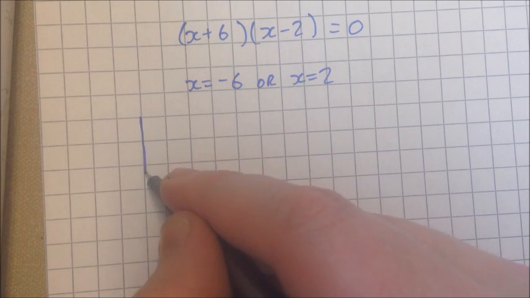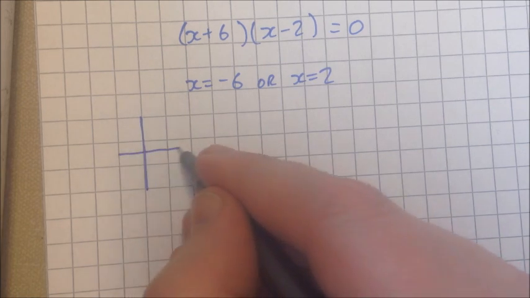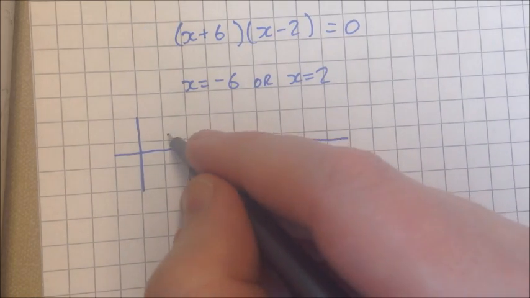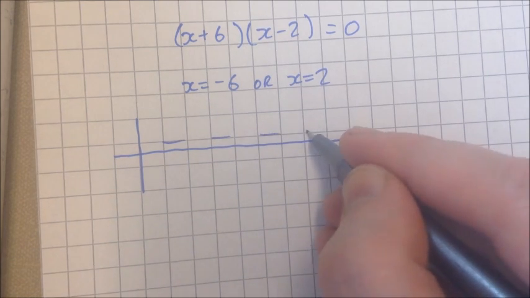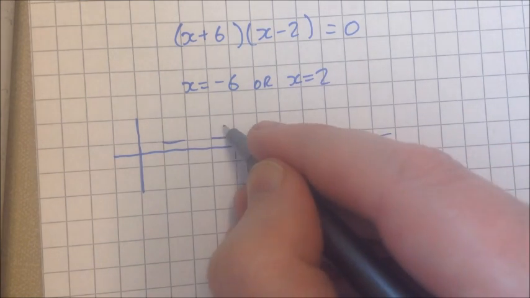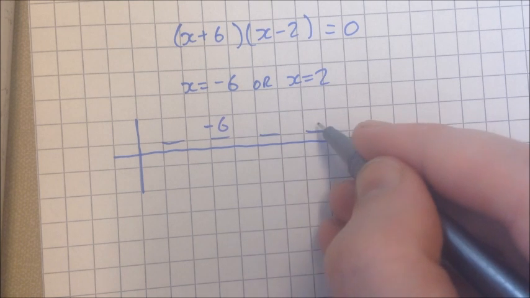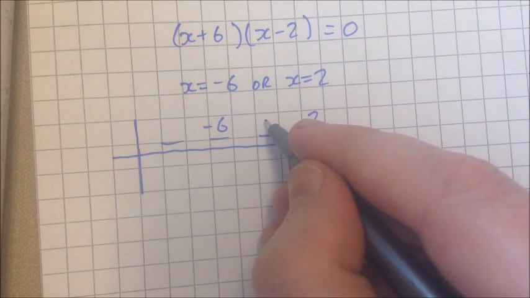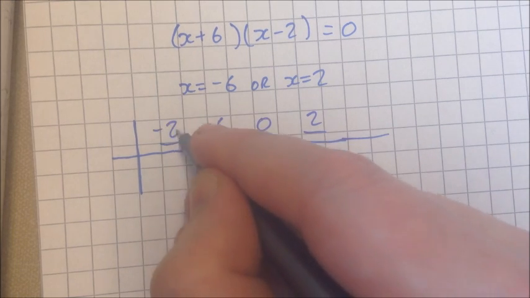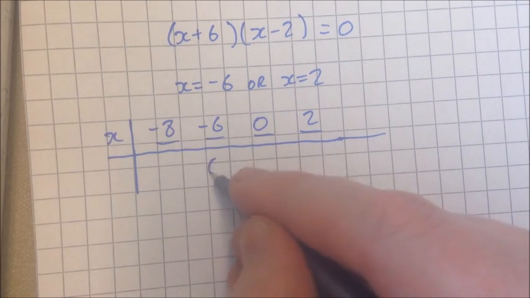Let's plug these into dy/dx. So our values are -6, and we've got 2. So I'm going to put 0 in between them. I'll have -8 here. This one is 0.